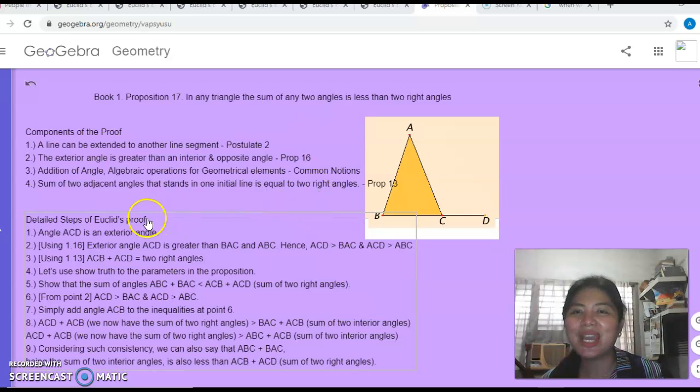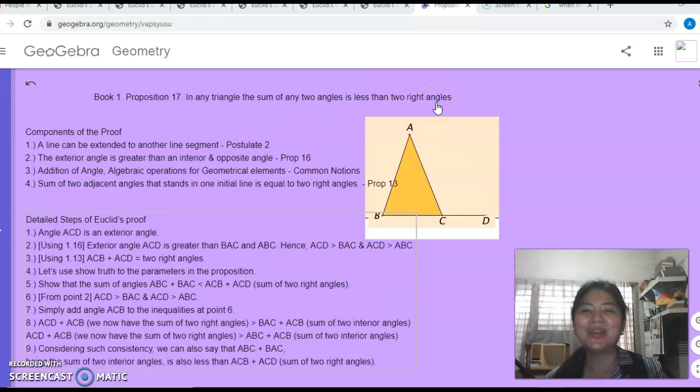And lastly, we have Proposition 13, which states that the sum of two adjacent angles on one initial line is equal to two right angles. So again, two adjacent angles here, ACD and ACB, if you add them up, the sum is equal to two right angles. This is how we quantify this part of the proposition, two right angles.